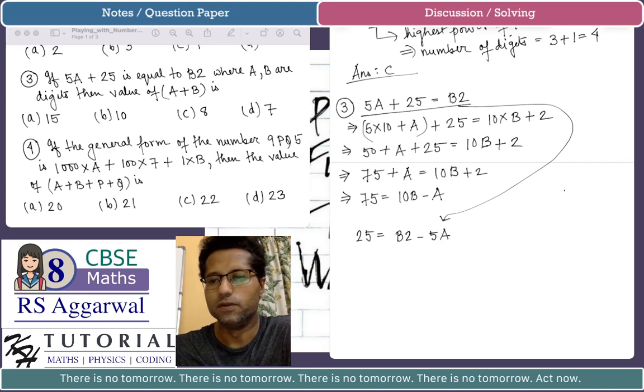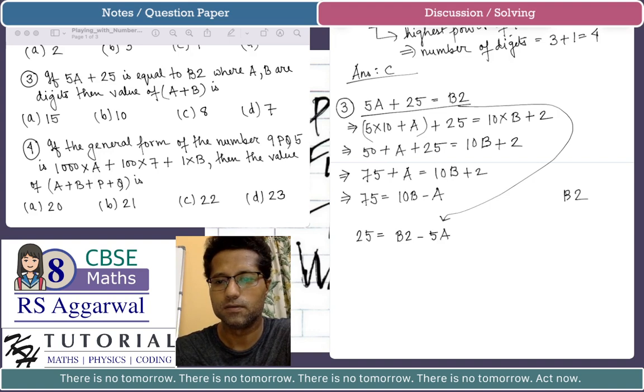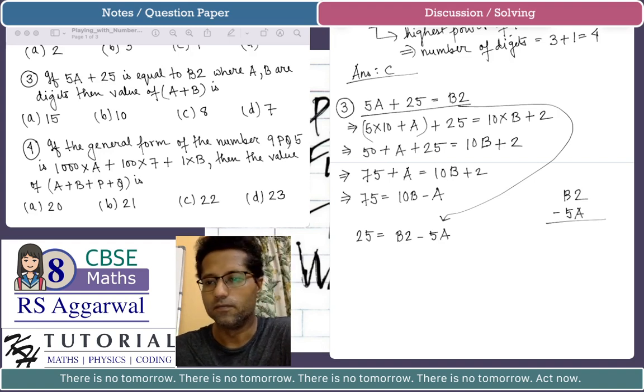So when we do a normal subtraction, let's say this is the number B2, and definitely B2 is greater than 5A because the difference is 25, which is a positive number. So when we subtract a two-digit number, subtracting 5A from B2, we get the result as 25.